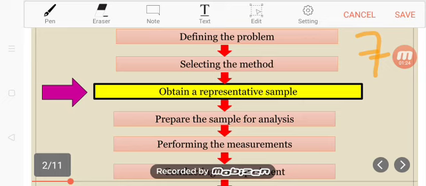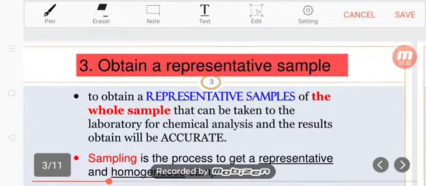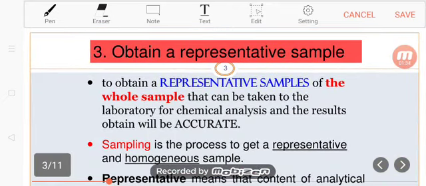So, where can you obtain the representative sample? You can obtain it from the whole sample, also known as the bulk sample. This representative sample can be taken easily to the laboratory for further analysis, and it is believed that the results obtained will be accurate.